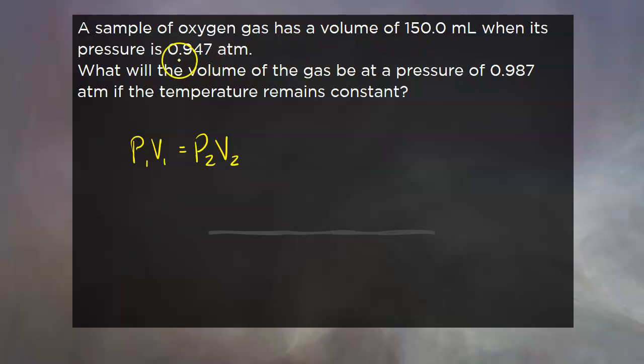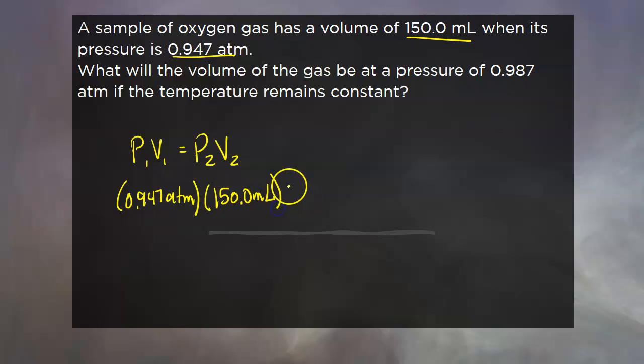I'm starting off with a pressure of 0.947 and my volume is 150 milliliters at that point. So I'm just going to set that equal to my new pressure of 0.987 atmosphere times the volume, which we don't know. So I multiply on the left side 0.947 times 150.